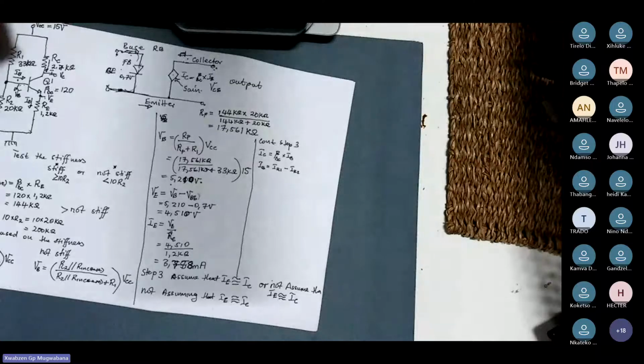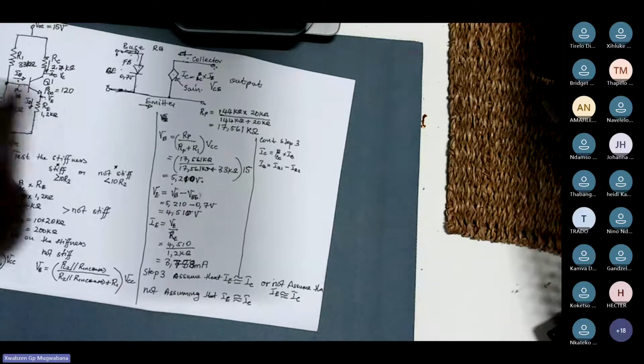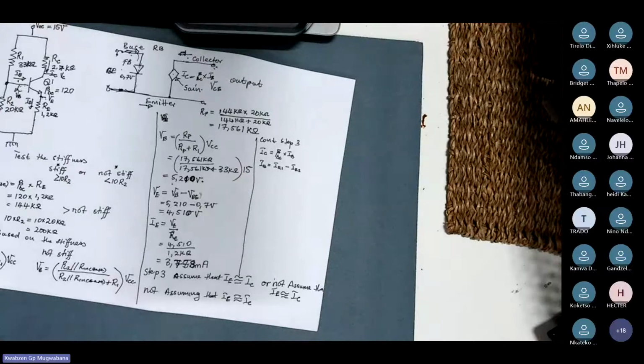The current flowing through R1 to a junction and the current flowing through R2 from the junction create the current going into the base.